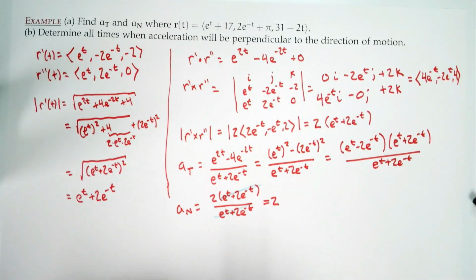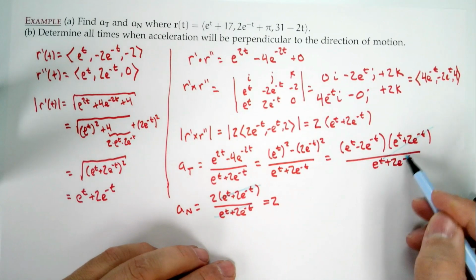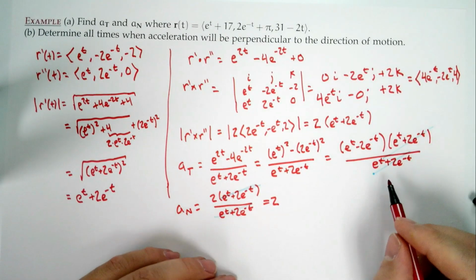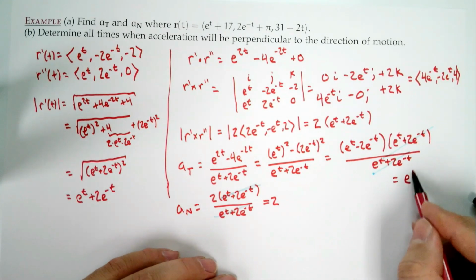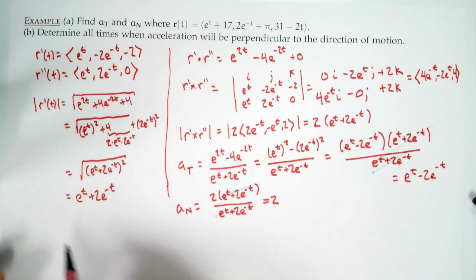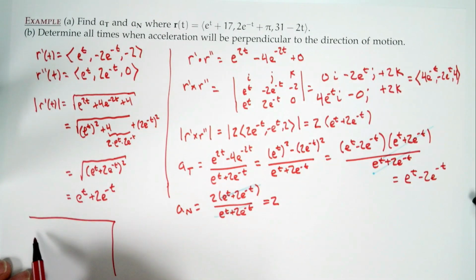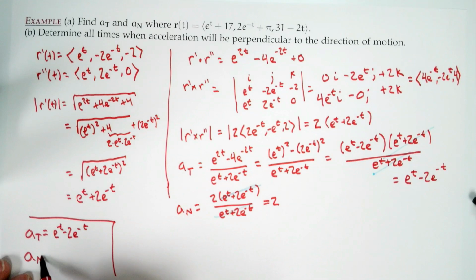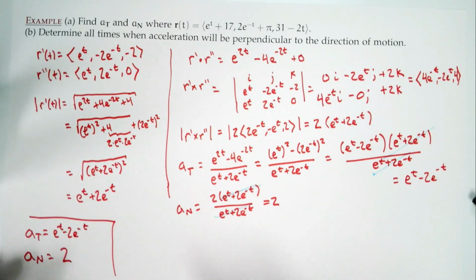And now you're like, whoa, these cancel, which they do, which means that our a sub t is e to the t minus 2e to the minus t. So, final answer for part A is a sub t is e to the t minus 2e to the negative t, and a sub n is 2.